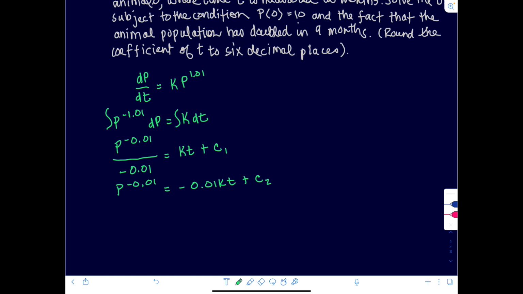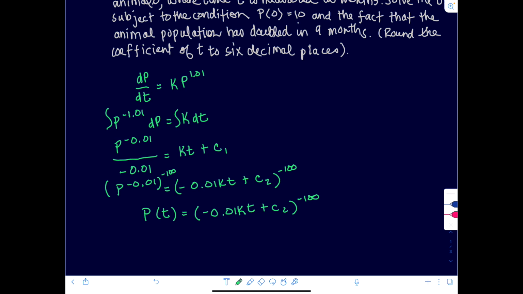And now I want to raise both sides to whatever number is going to give me a 1 for the power on P. So negative 100 would be the winning choice. We'll get P to the 1, or just P. Actually, we'll write it as P at t is equal to the quantity negative 0.01 k times t plus c2, raised to the negative 100.